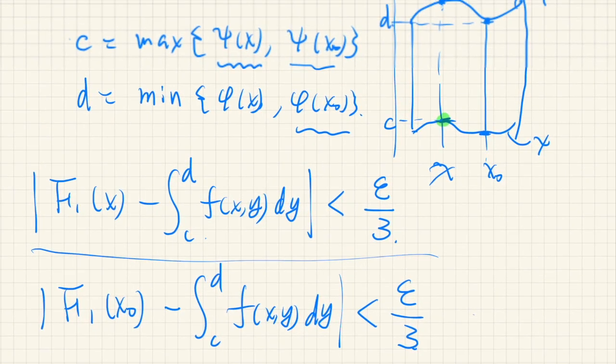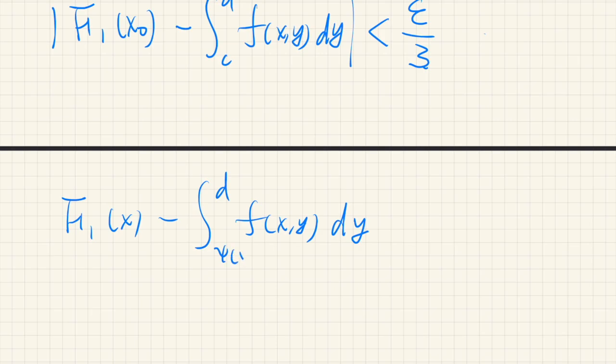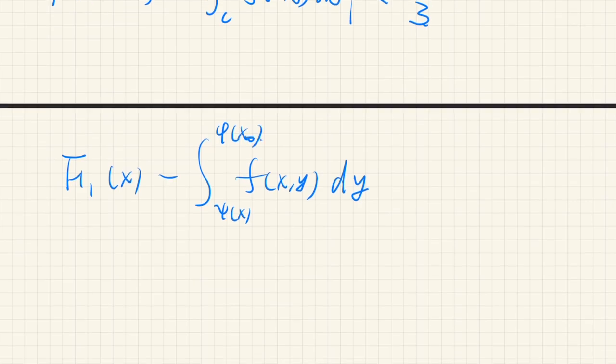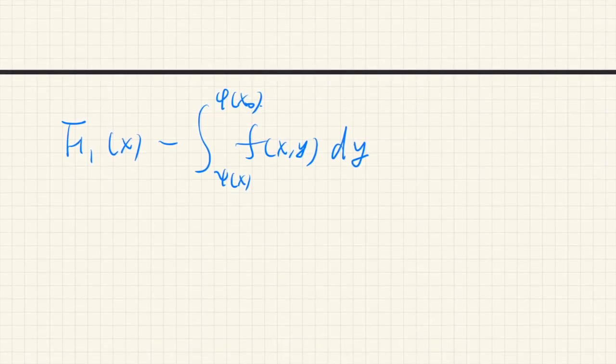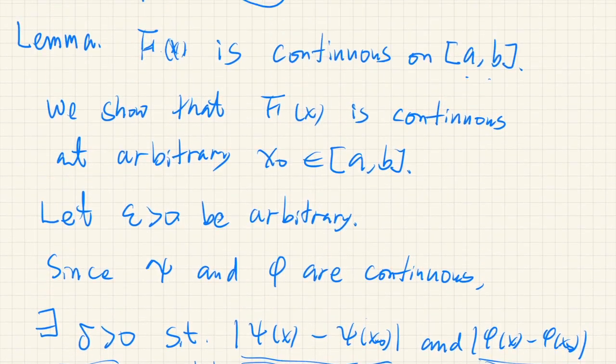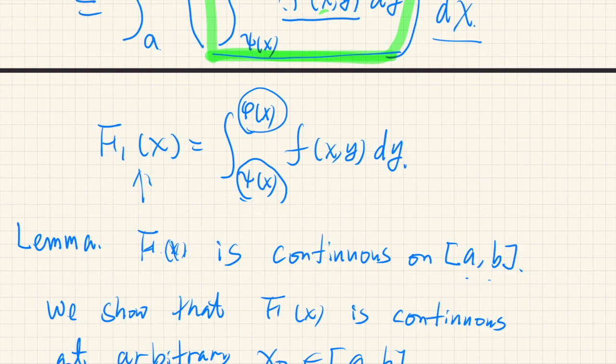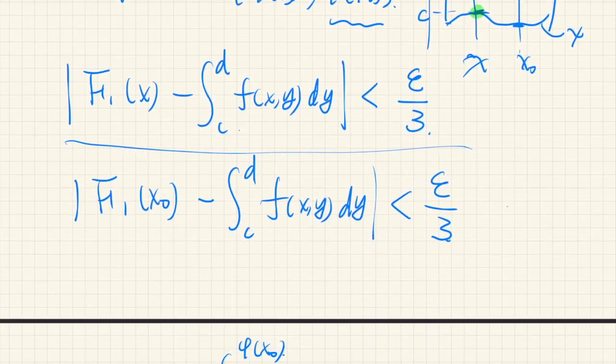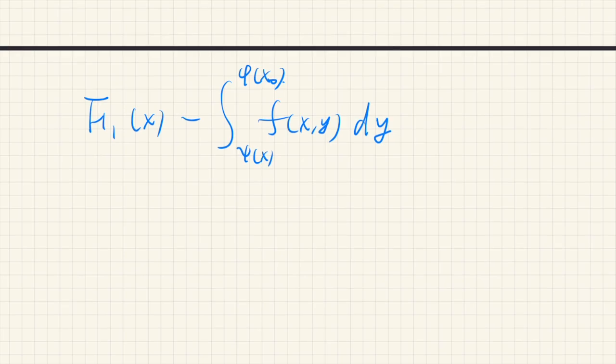So let's say C is equal to phi of x and D is equal to phi of x0. And f1 is, by definition, this, okay? So the lower bound of the integral is psi of x, and the upper bound is phi of x. So this is equal to the integral from psi of x to phi of x.